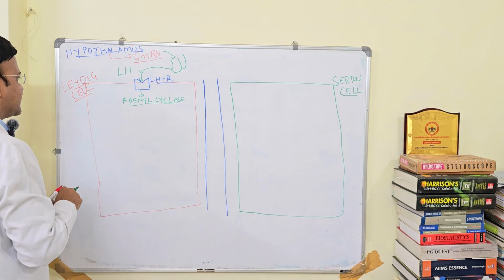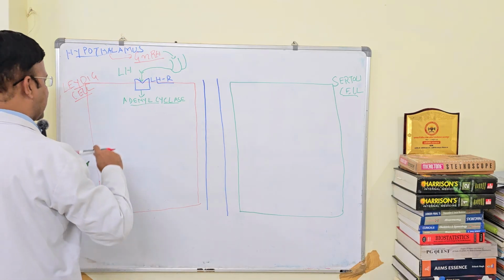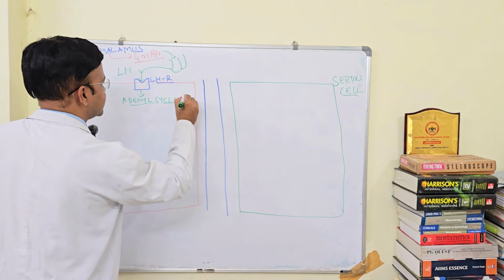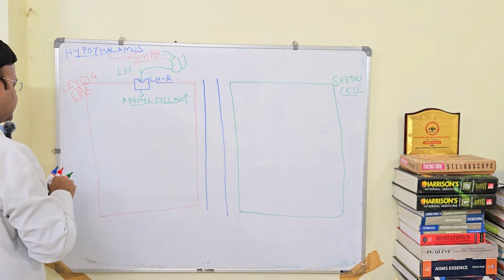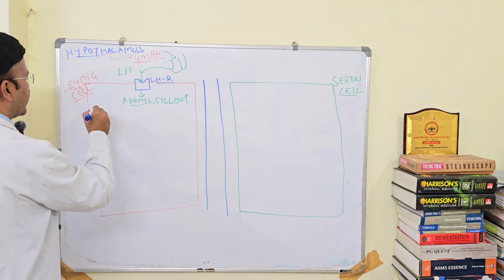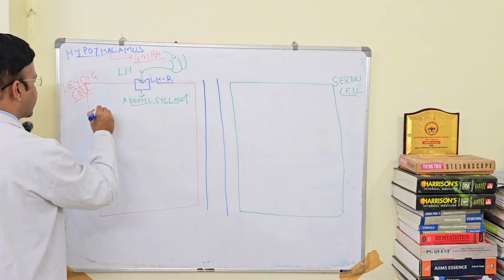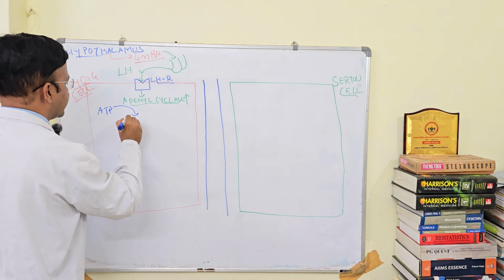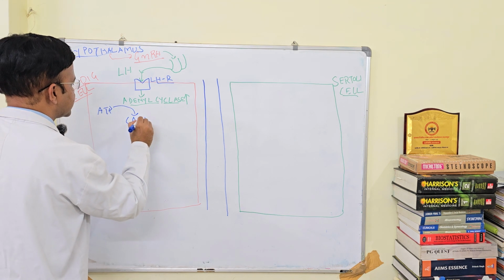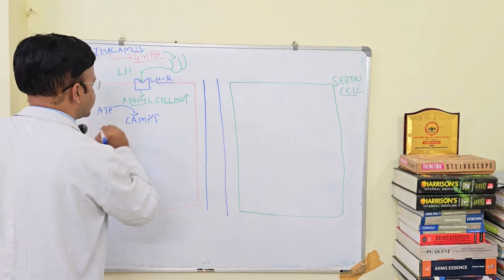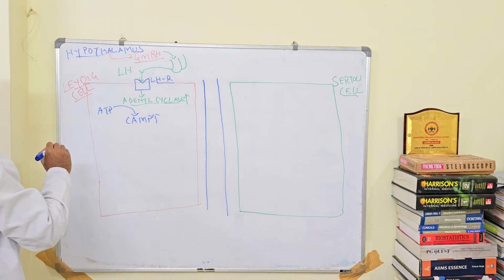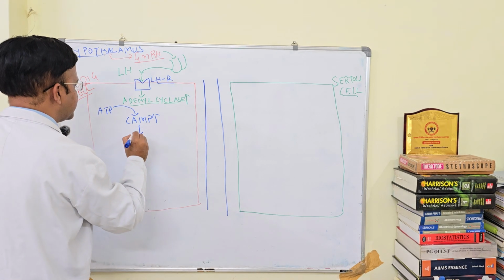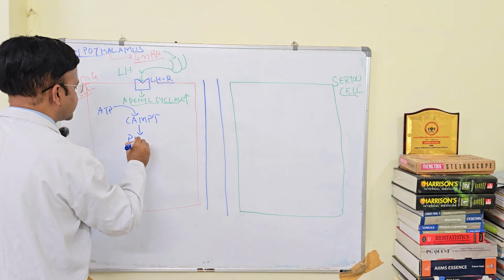Right? And then because the adenyl cyclase level has increased, more ATP will get converted to cyclic AMP, right? So cyclic AMP level is going to rise, right? If cyclic AMP level rises, the level of PKA is going to increase.